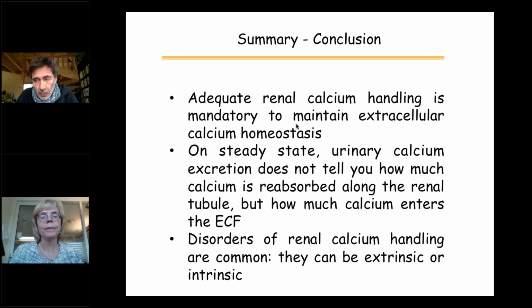And when we look carefully at patients who are treated with active vitamin D analogs, for example, patients with hypoparathyroidism, there is evidence that active vitamin D analogs do something on the renal tubular reabsorption, and this participates in the control of blood calcium in those patients. So active vitamin D does something, yes.